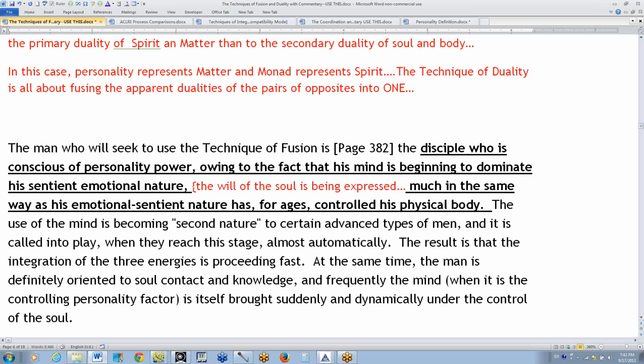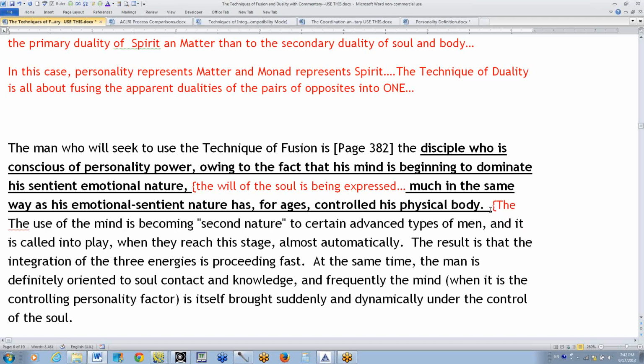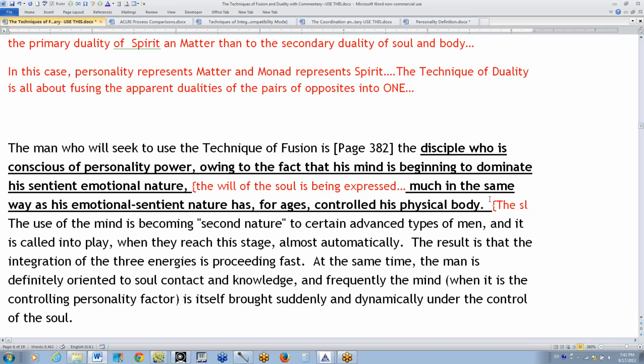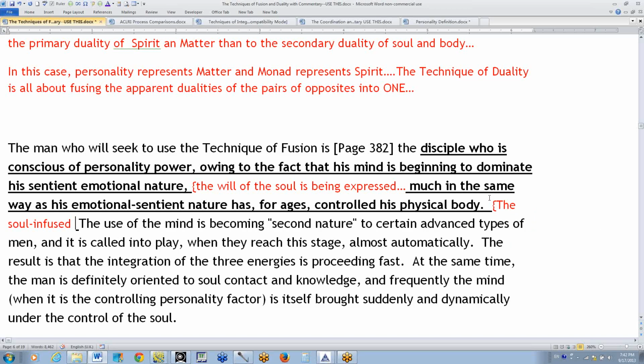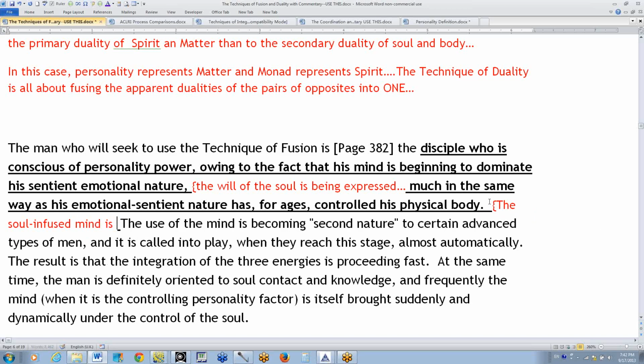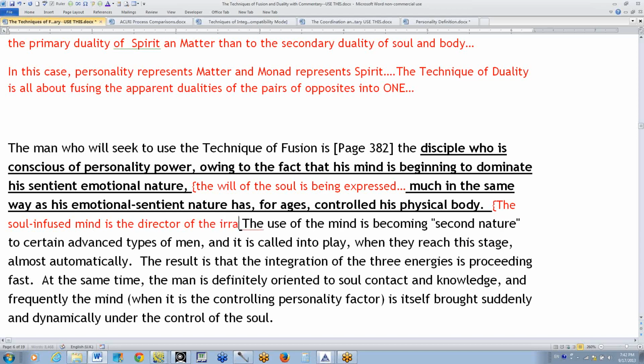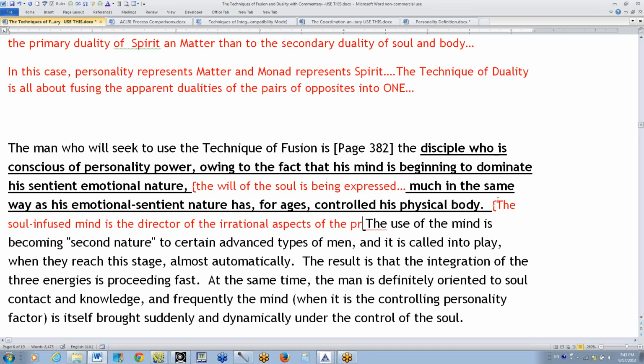Much in the same way as his emotional sentient nature has for ages, millions of years really, even from the Atlantean period, controlled his physical body. The soul-infused mind is in the driver's seat at this point. Soul-infused mind is the director of the irrational aspects of the personality.